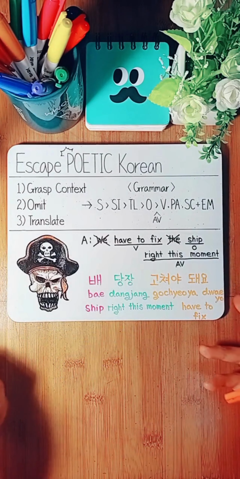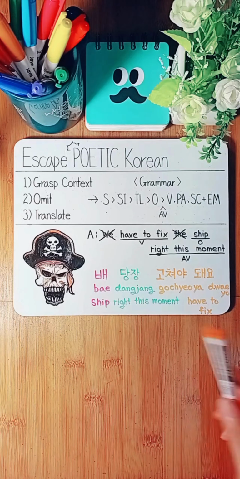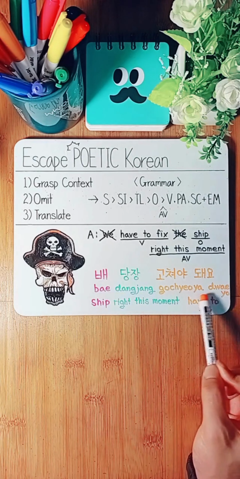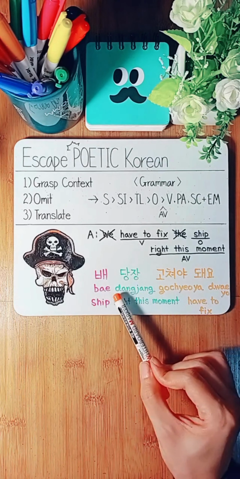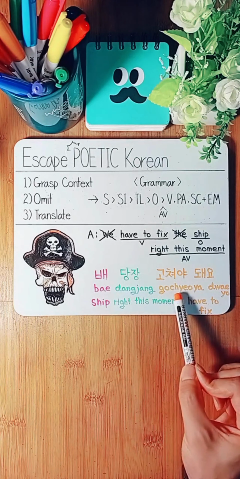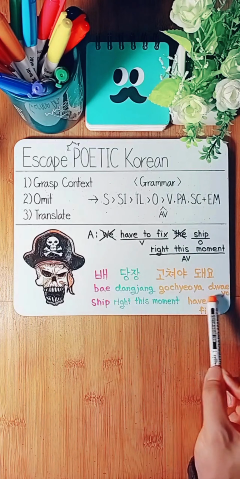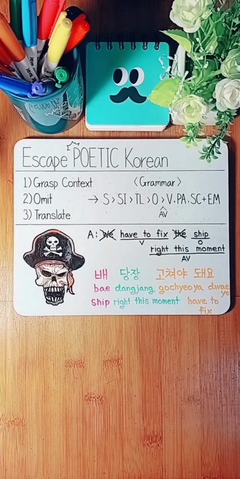Yes, we have now the full 문장. Let's say it 천천히. 배 당장 고쳐야 돼요. 배 당장 고쳐야 돼요. Okay, does that make sense? If it does, 넘어갈까요?